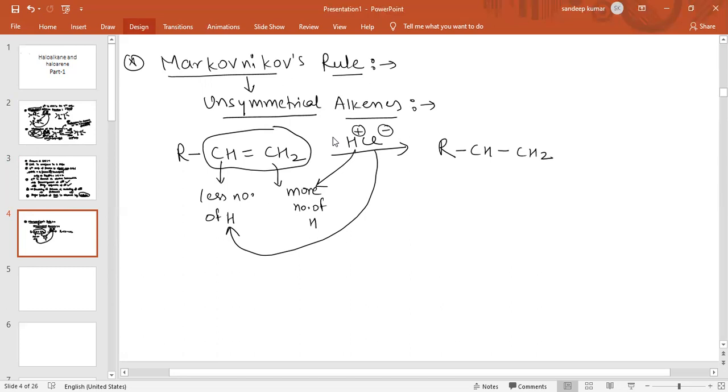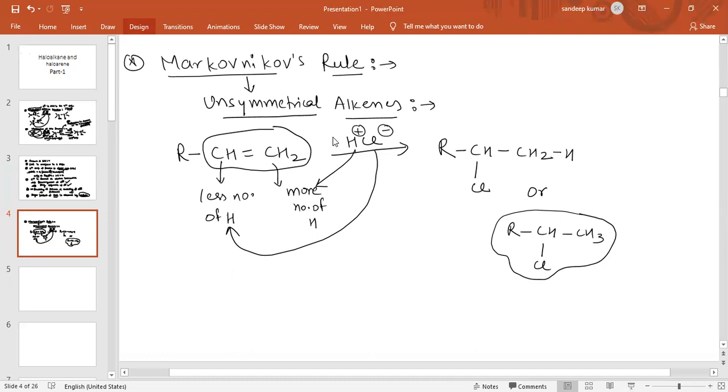So the product obtained is RCHCl, the first method of preparation of haloalkane by using Markovnikov's rule.